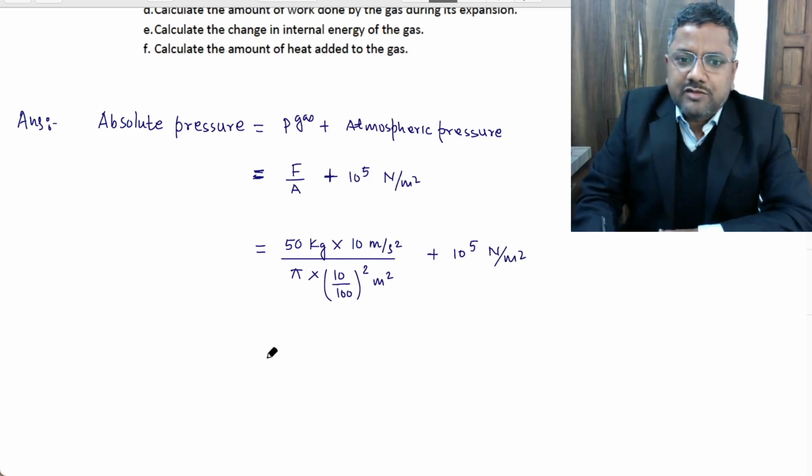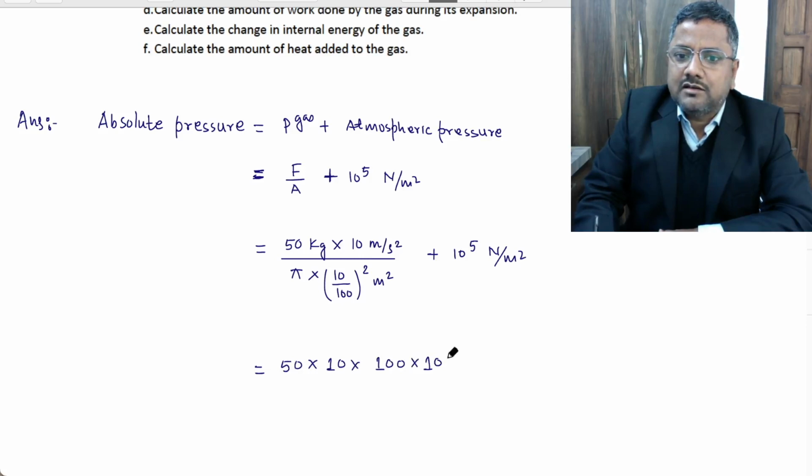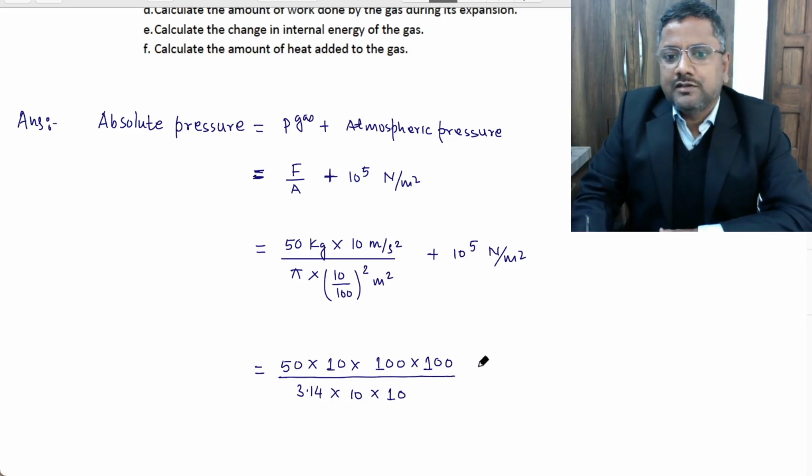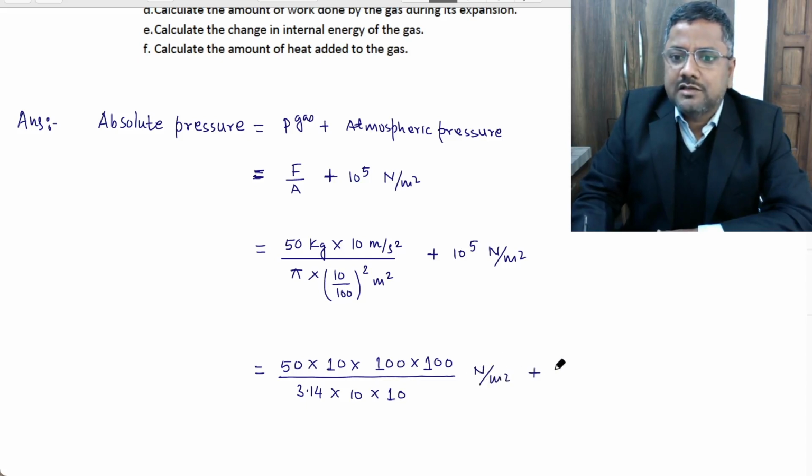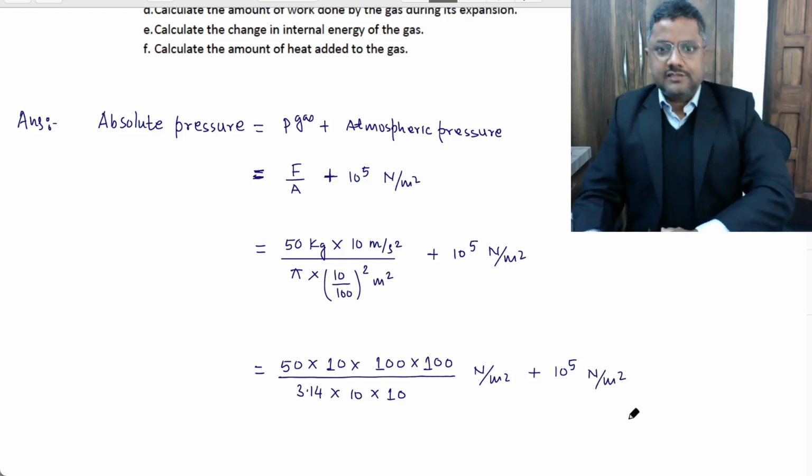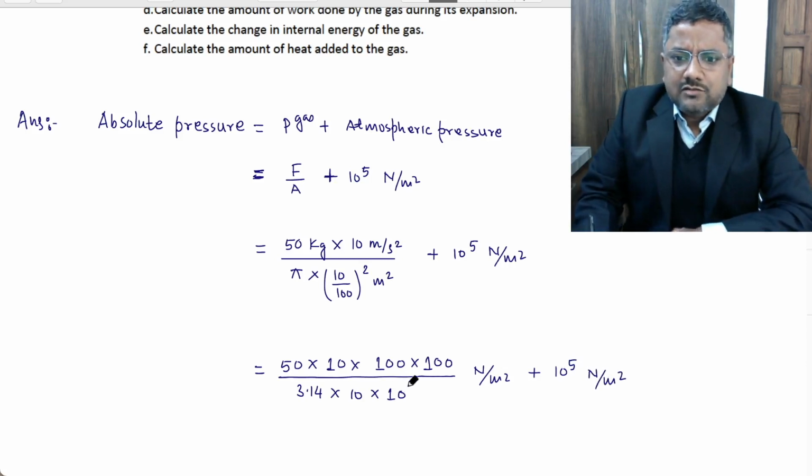So now you can simplify this like 50 multiplied by 10 multiplied by 100 multiplied by 100 divided by 3.14 multiplied by 10 into 10, plus this is Newton per meter square plus 10 to the power 5 Newton per meter square, right? Now you can solve this.